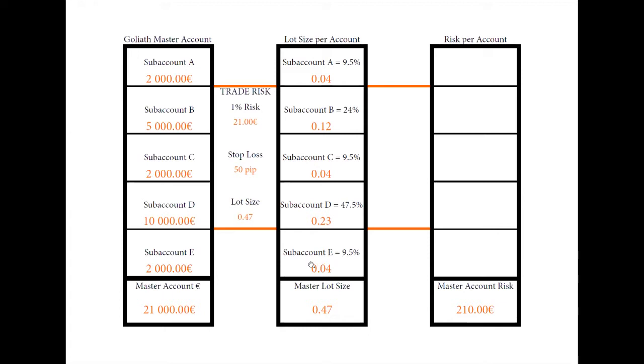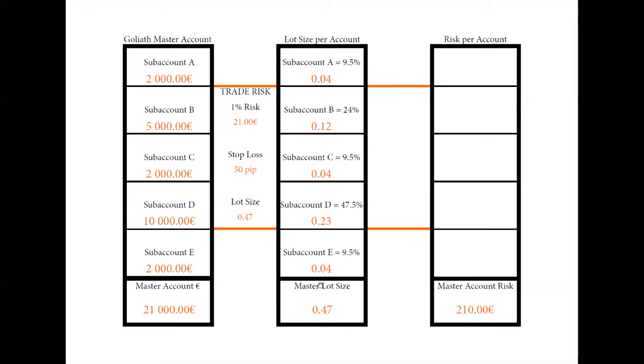So sub-accounts E, C, and A, at 9.5%, their position size will be 0.04. Sub-account B, that has 24%, their position will be 0.12. And sub-account D, which has 47.5%, their position size will be 0.23, which sums up to 0.47.